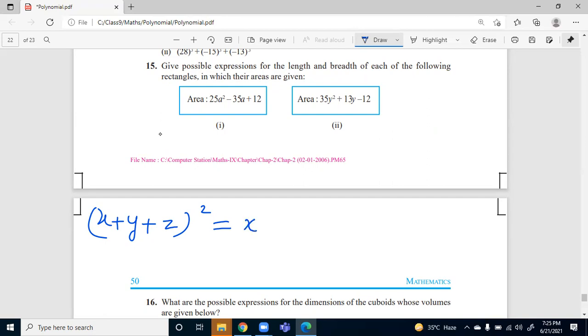So the formula is x square plus y square plus z square plus 2xy plus 2yz plus 2xz.